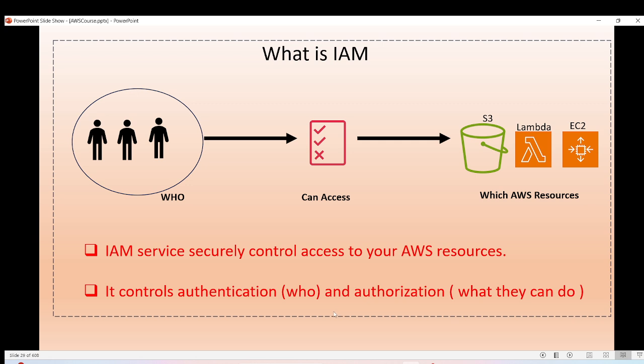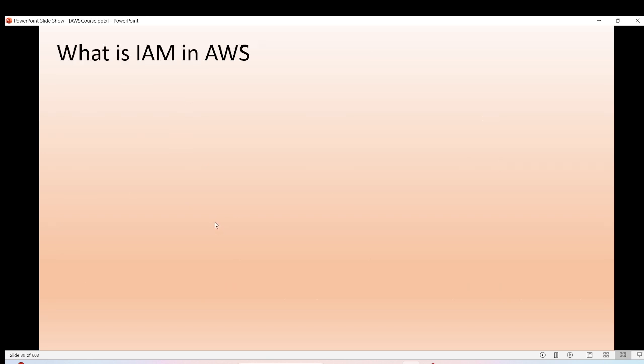IAM authorizes the identity for particular services or resources. So it means after authentication, the user enters the AWS account, and after authorization, they can access a particular resource and perform different operations.